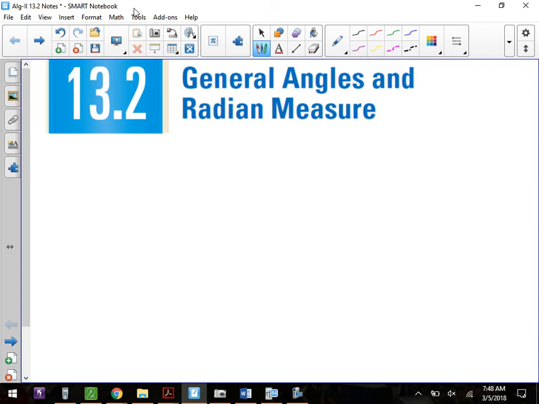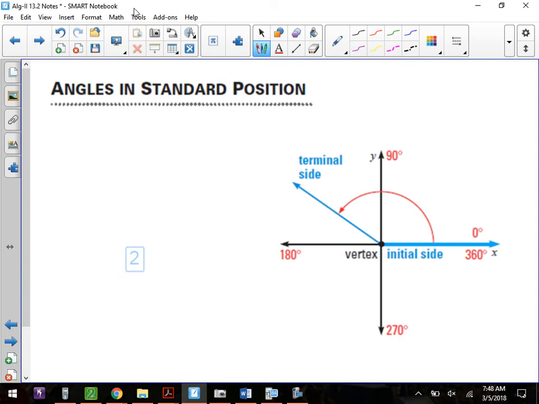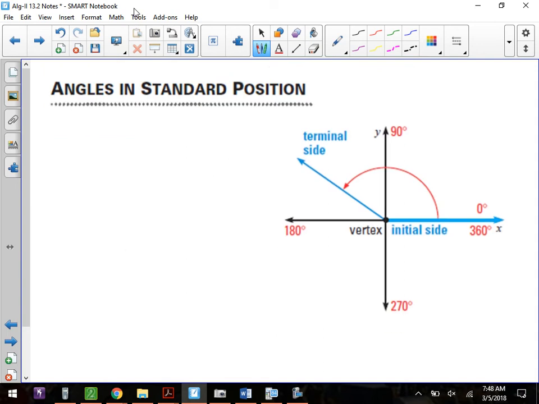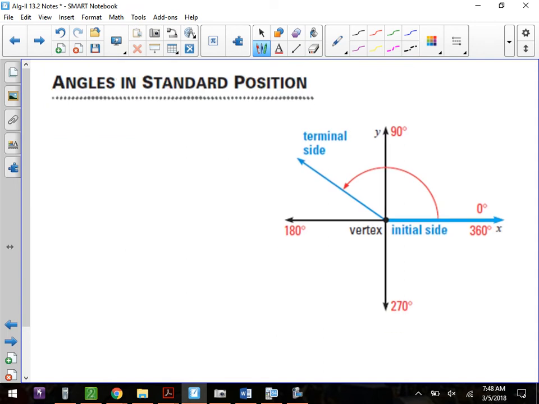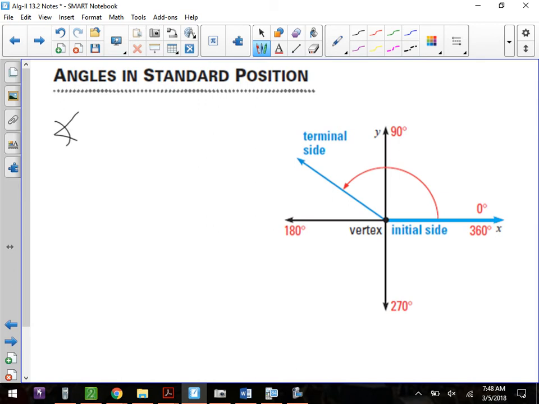We start talking about angles in terms of terminal positions. For example, this thing called an angle in standard position.